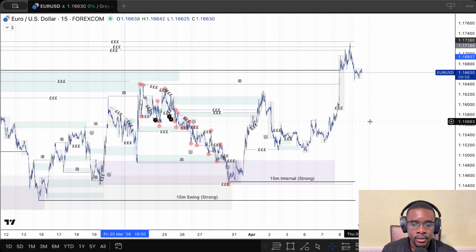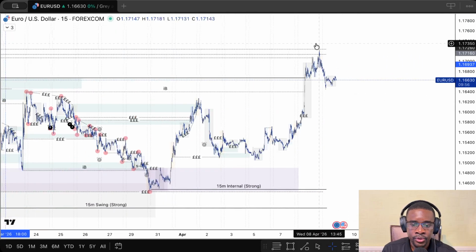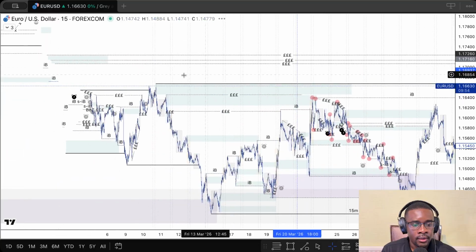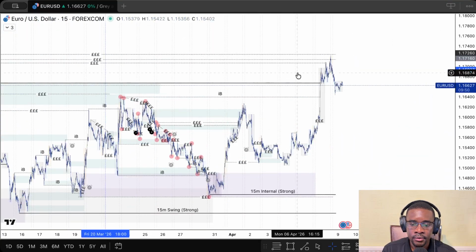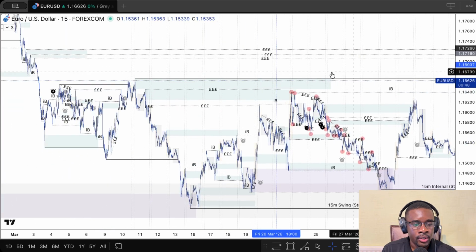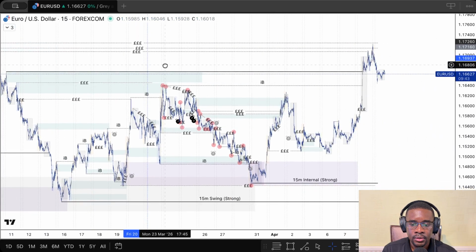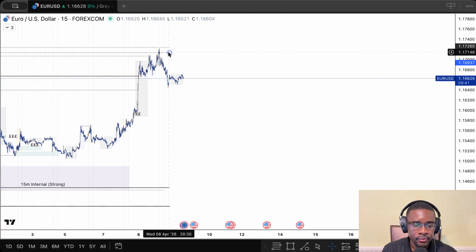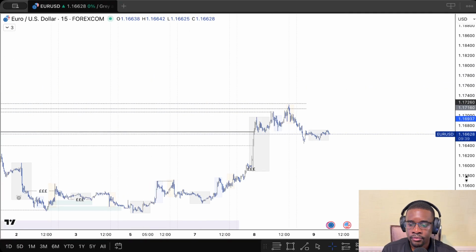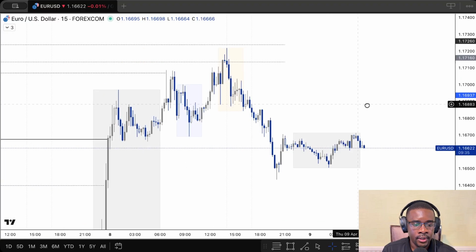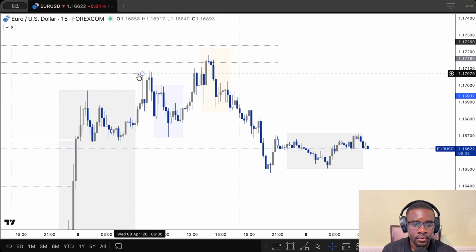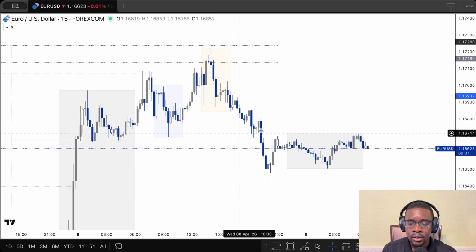Yesterday I was saying that price could reach any of these areas and reverse. Price took out that first high and had a reaction on lower time frames.